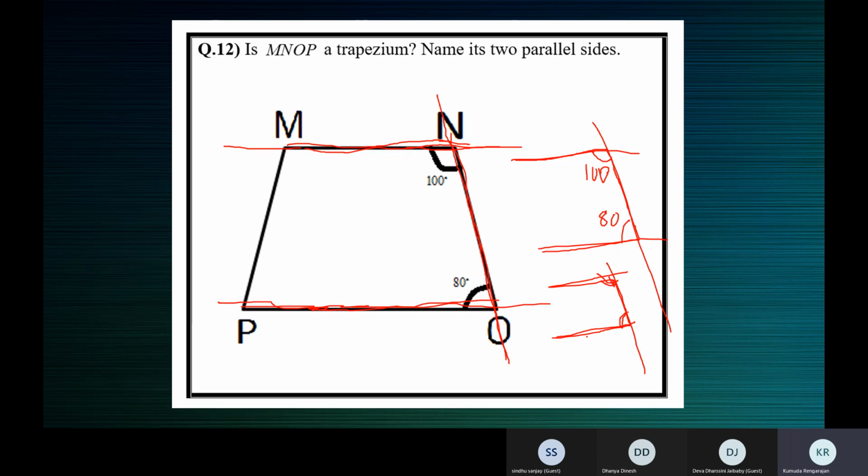There are four interior angles. Allied angles are interior angles and they must be on the same side of the transversal. So by position, they are allied angles, and allied angles here are supplementary. That means the two lines are parallel to each other, which means MN is parallel to PO.